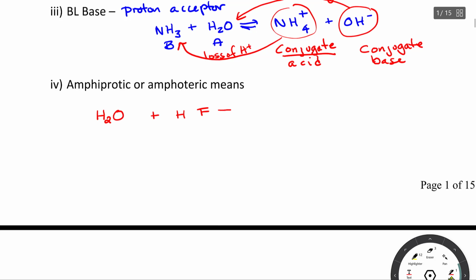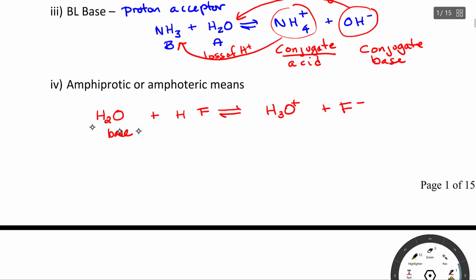This is also an equilibrium, so I get H3O plus and F minus, like this.